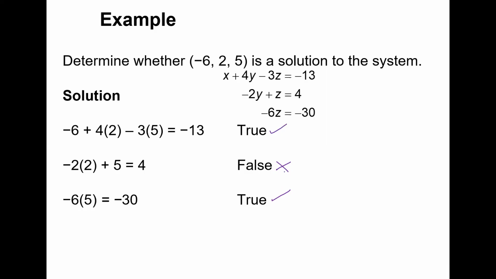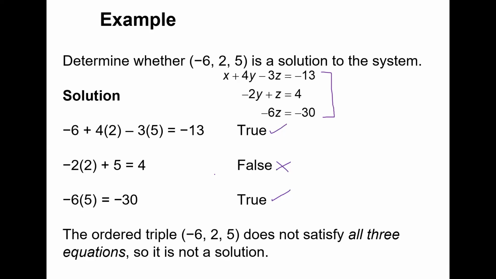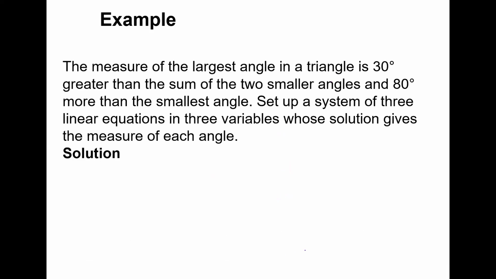You really have to plug into all three equations, because usually, especially with three equations and three unknowns, you work with two of them primarily, and the last one you don't always get right. The other two are correct, and this is a prime example of why you want to check your solution in all the equations. So the ordered triple does not satisfy all three, so it's not a solution.